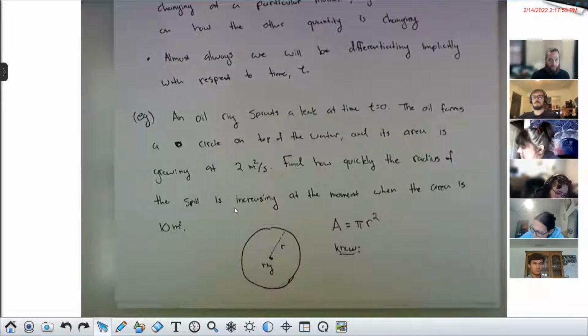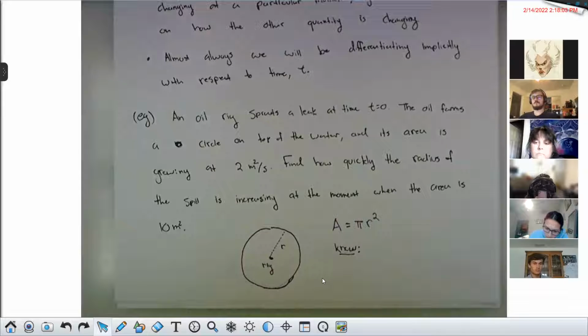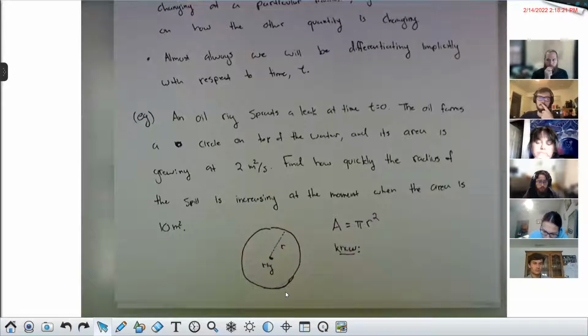In terms of derivatives and the variables A and r, what does it mean to say that the area is growing at 2 meters squared per second?